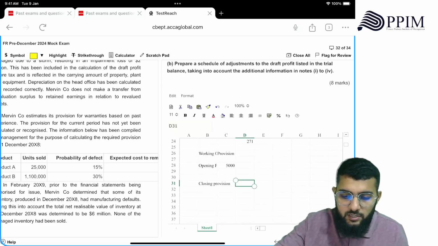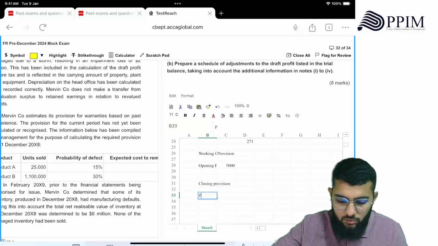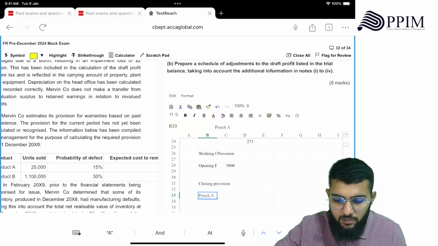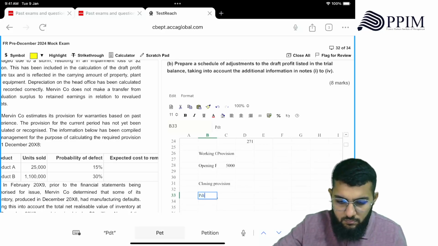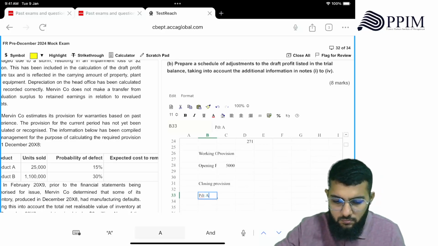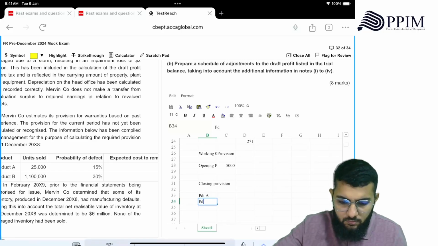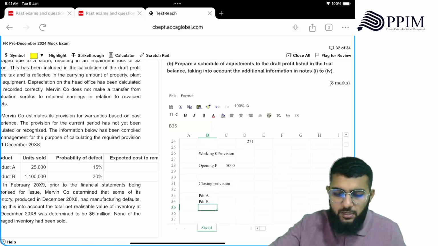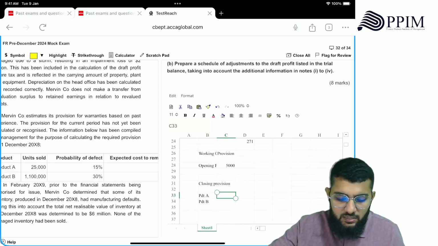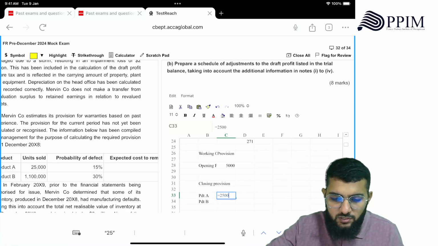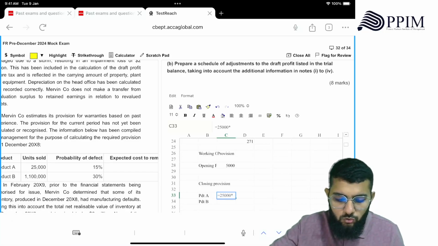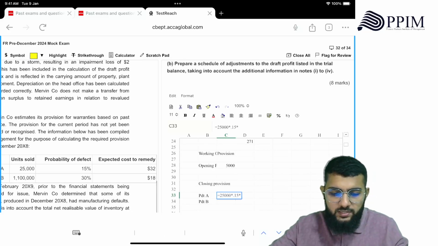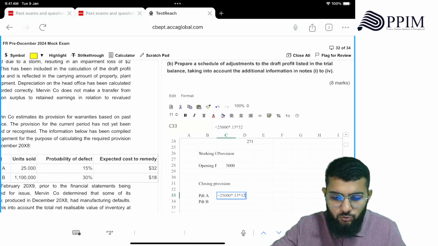Let's do it for product A and product B. How much is it for product A? 25,000 into 15% into what's the expected cost? 32.